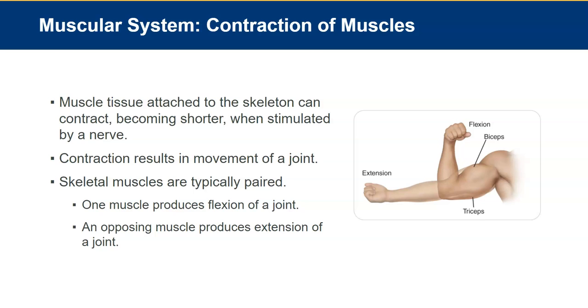Think about it. If one cell becomes shorter and its adjacent cell becomes shorter and its adjacent cell becomes shorter, the entire muscle will contract as well. We get flexion due to shortening of a muscle on one side of a structure, and extension when the paired muscle on the opposite side shortens and contracts.